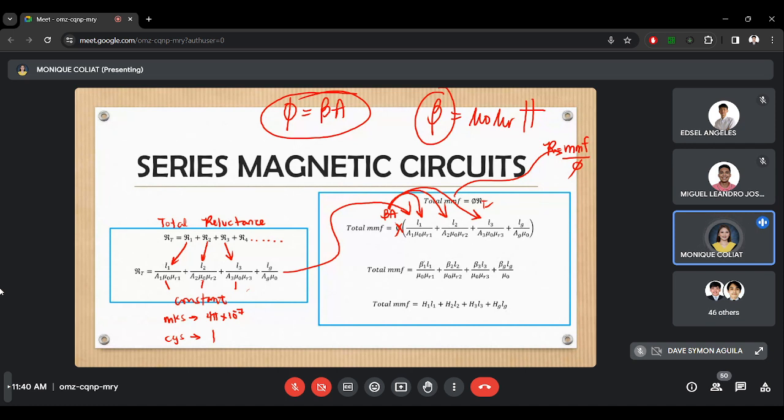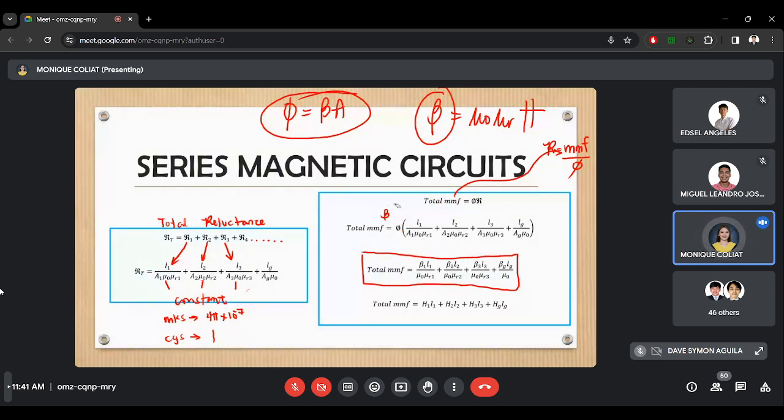Then, that will be B A L1 over mu O mu R1 A1, right? Makakancel si area. That's why, ang nangyari, naging B1L1 over mu O mu R1. And so on. Okay, kaya po, nakuha si itong formula na ito. Another formula. Depende naman yan kung anong gagamitin nyo, ha? Kung anong gagamitin nyo ay depende kung ano yung given.